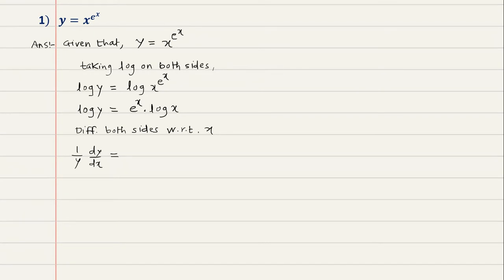Now to take the derivative of e raised to x into log x, we have to use u into v rule. So how will you use that? See here, e raised to x as it is into d by dx of log x, plus log x as it is into d by dx of e raised to x.